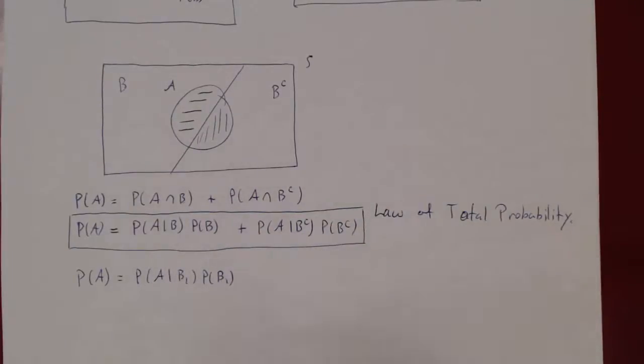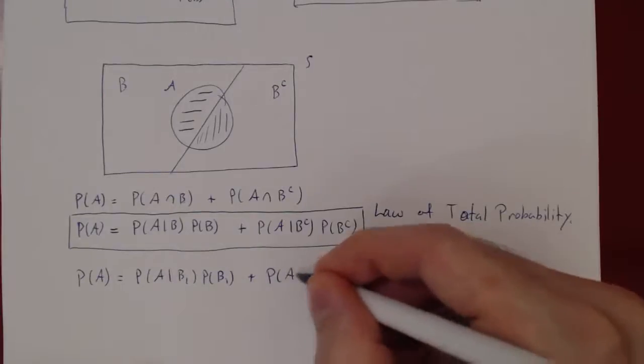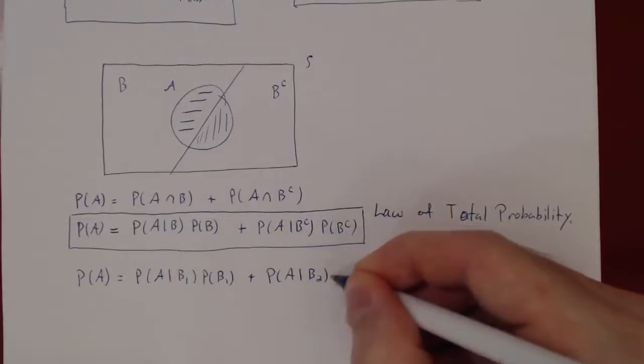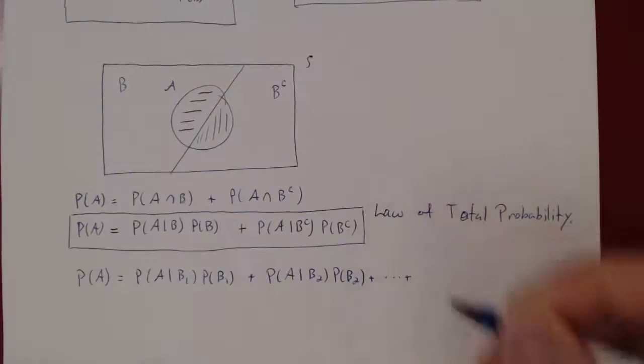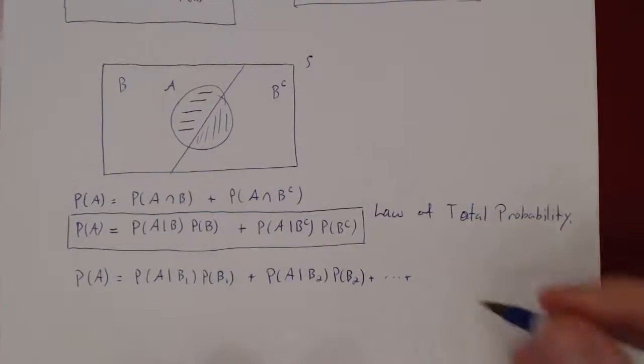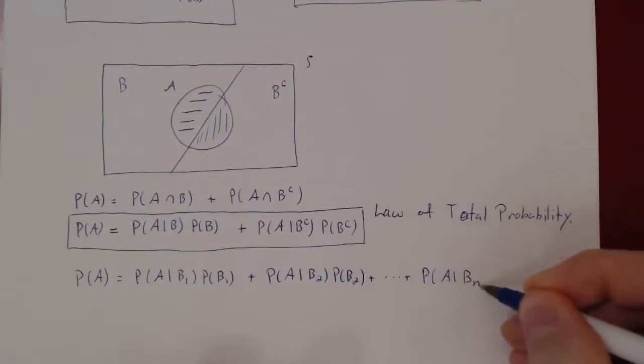So B1 is your first possibility, plus P of A given the second possibility B2, P of B2, plus up to, suppose you have n possibilities, conditioning A onto the nth and final possibility.